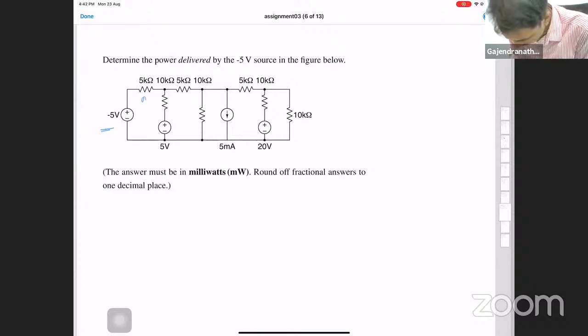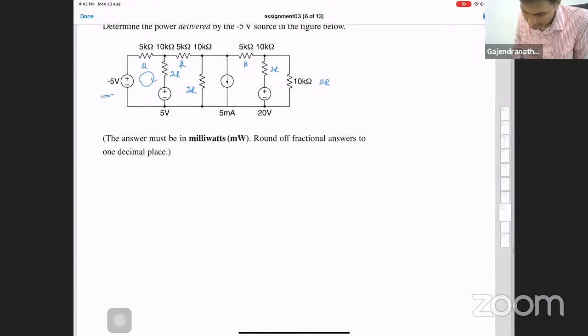This is R, this is 2R, this is R, this is 2R, this is R, this is 2R, this is 2R. This is the network we have. You can write a KVL around this loop. This is plus, this is minus, this is plus, and it is +5.